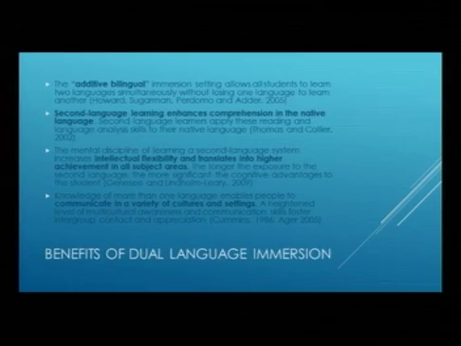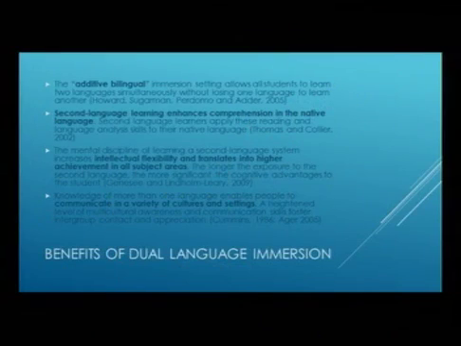Some of the benefits of dual language immersion: throughout the master plan, which is a pretty lengthy document, there's a lot of reference to the research on dual language immersion. In fact, I just saw an article today from the California Teachers Association with similar research in their publication as well.